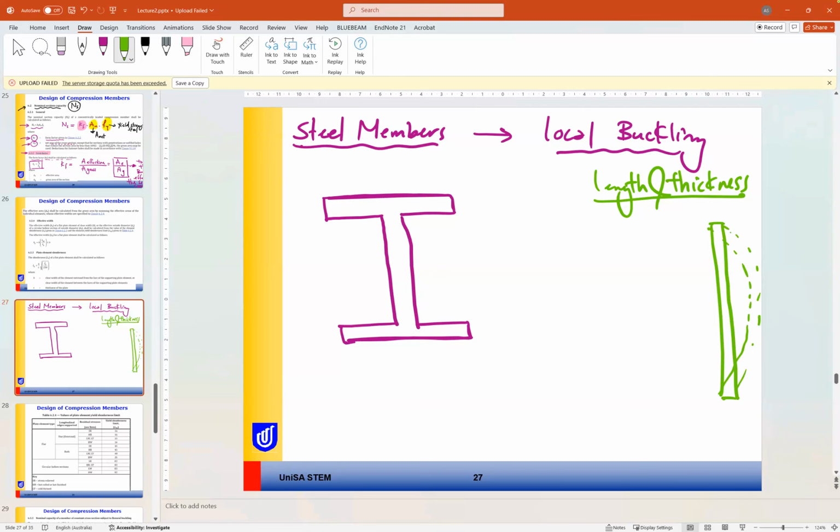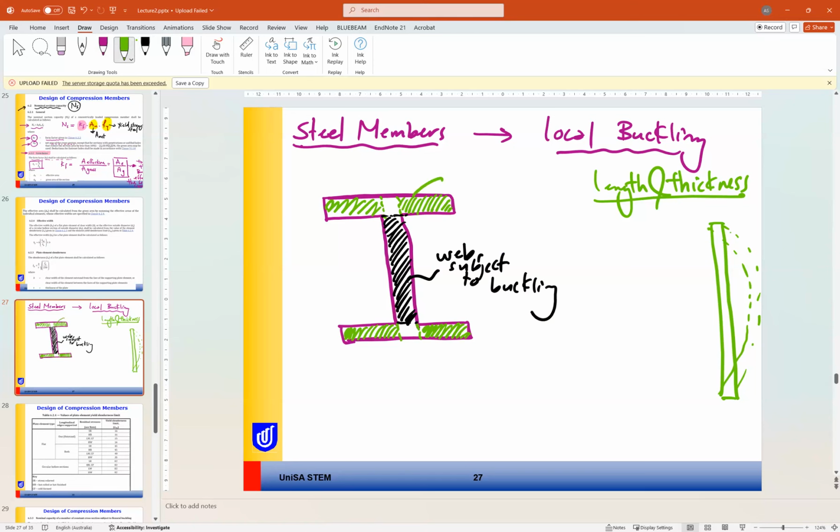So the buckling is a relation between the length and thickness. If we see the three parts of this member, this part of the flange is subjected to buckling, and this part of the flange is subjected to buckling. For the web, these parts of the web are subjected to buckling if the dimension exceeds some limits.